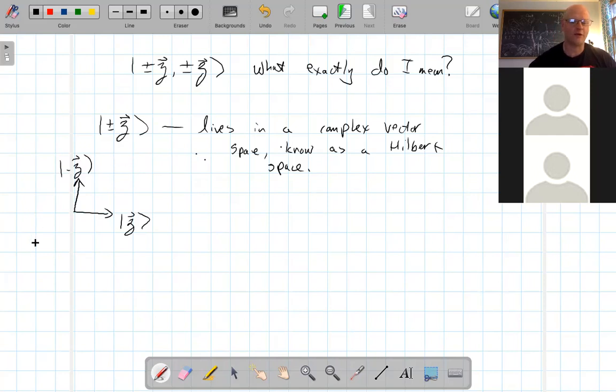So this is the Hilbert space for particle 1. Simultaneously, particle 2 will have its own Hilbert space, which again is the complex vector space that it lives in. So what this thing actually means is that I'm taking this complex vector space and pasting it on top of this vector space, making it a larger vector space. That's ultimately what this thing means.